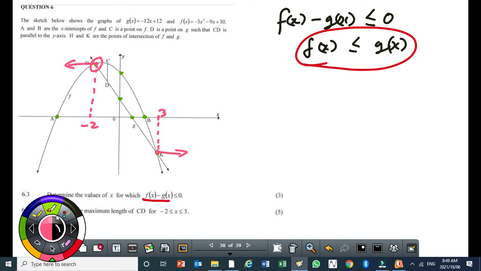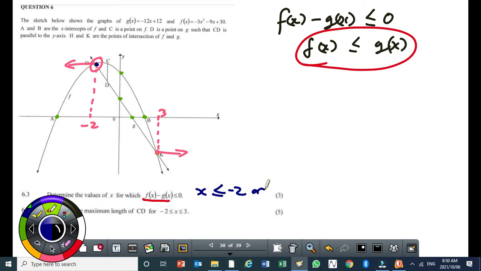Now, let's carry on. I'm sure you can agree with me that all the values to the left of this point here are less than -2, but there is an equal sign, so we have to include that -2. So our solution here is x is less than or equal to -2. That's the first solution.